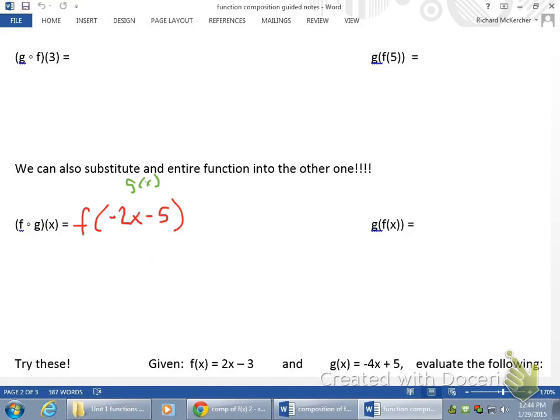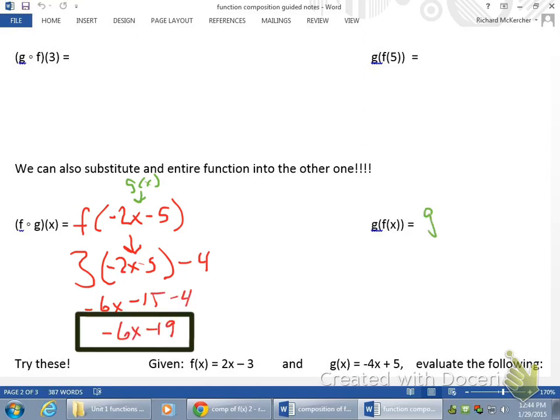So my g of x, remember from above, was negative 2x minus 5. I'm going to plug all of that into f. So here's my function f, and I'm going to take all of g of x and plug it in there. And that just becomes, use the distributive property, combine like terms.